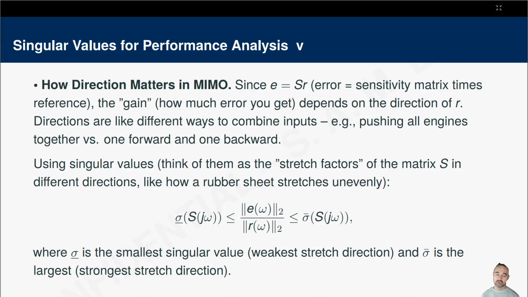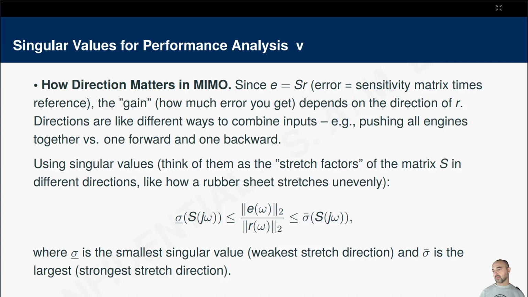And again, the vector 2 norm of the error vector over the vector 2 norm of the reference vector is between the minimum sigma, sigma underbar, and the maximum sigma, sigma bar. And the sigmas are the singular values of matrix S evaluated at j omega.